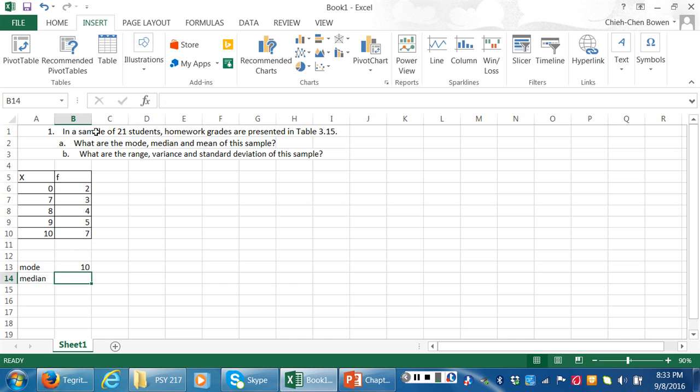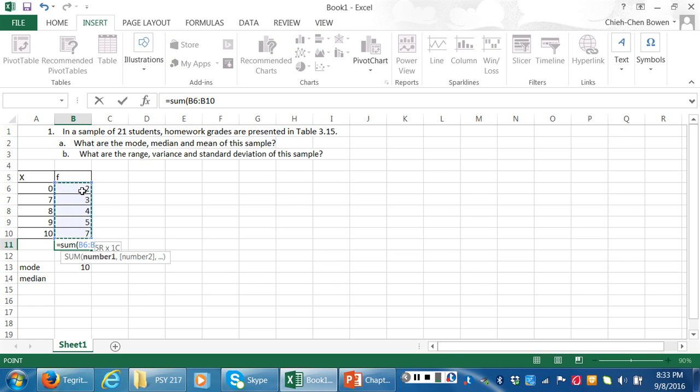Okay, median. The question says a sample of 21 students, and we can also verify that based on the frequency table. The sum of all the frequencies will give you the sample size. So you can do the sum of all the frequencies.